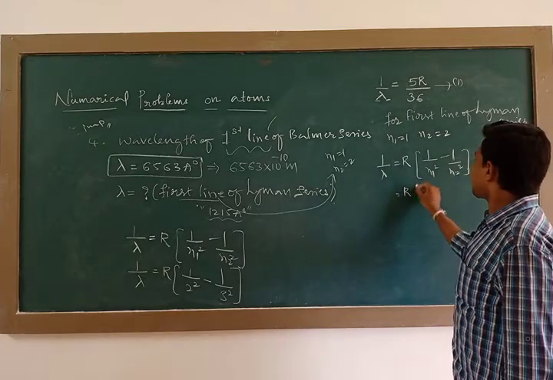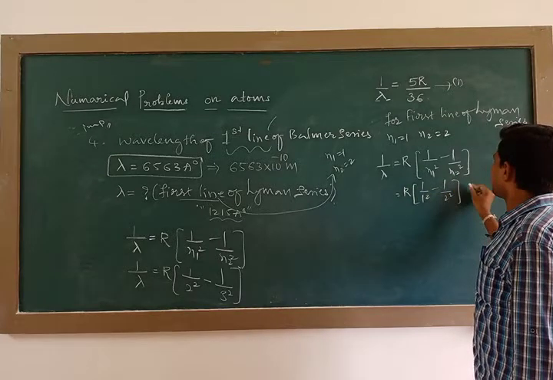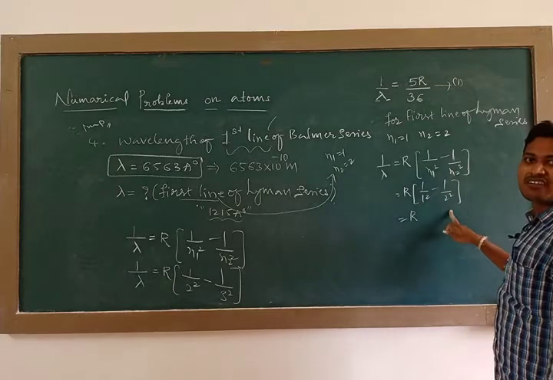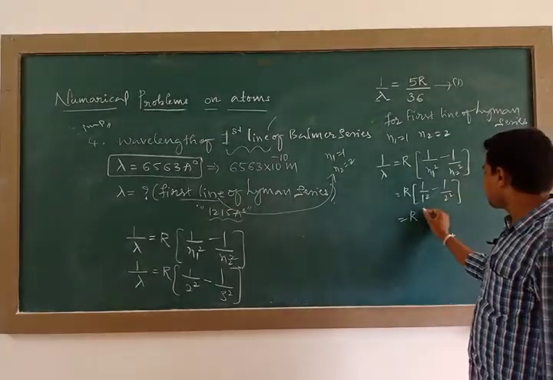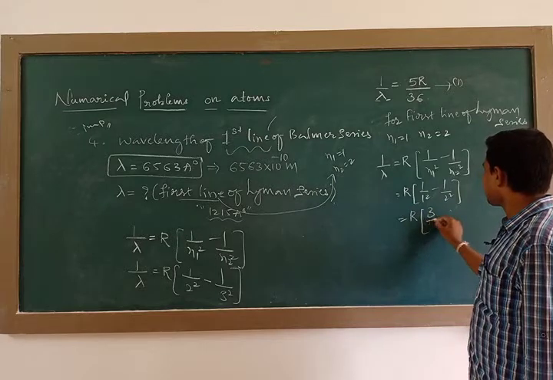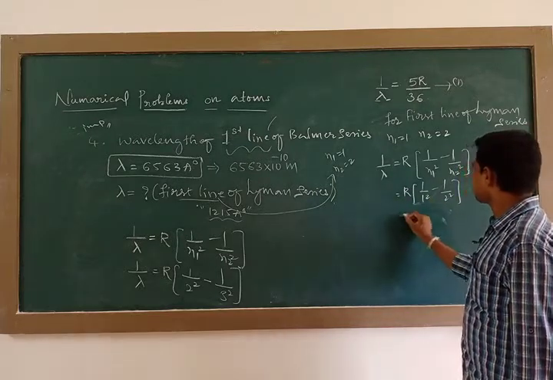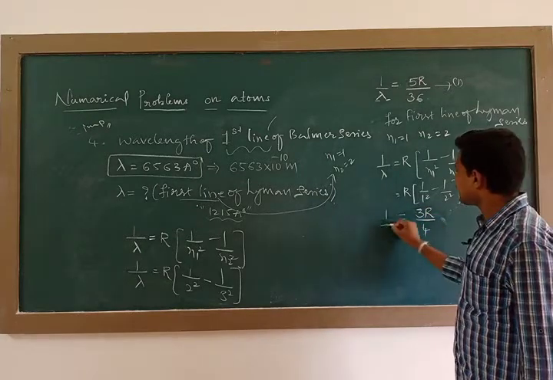This implies R into 1 by 1 square minus 1 by 2 square. R into 1 and 4. LCM of 1 and 4, 4. Therefore, this becomes 3 by 4, or else 3R by 4, 1 by lambda.